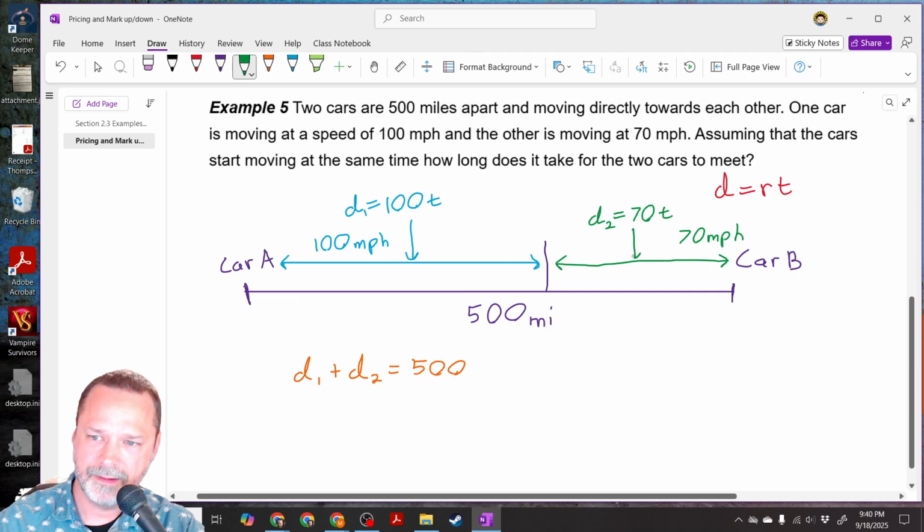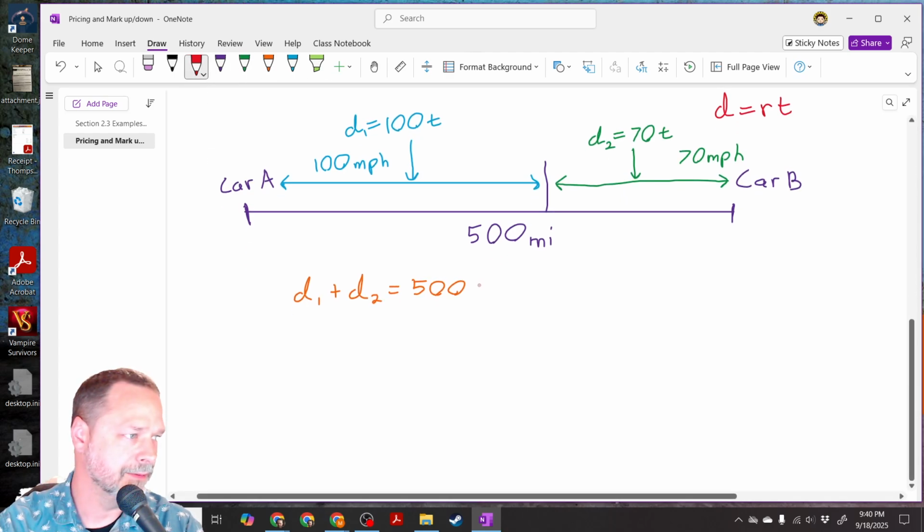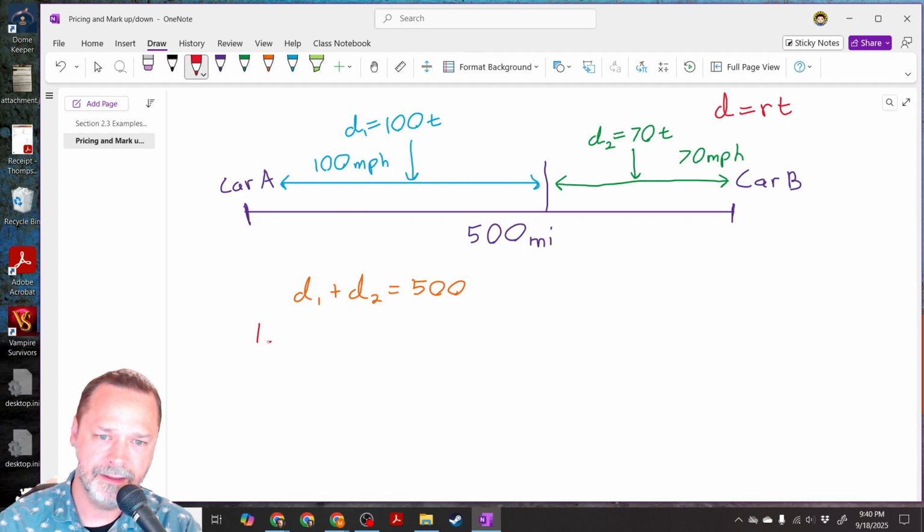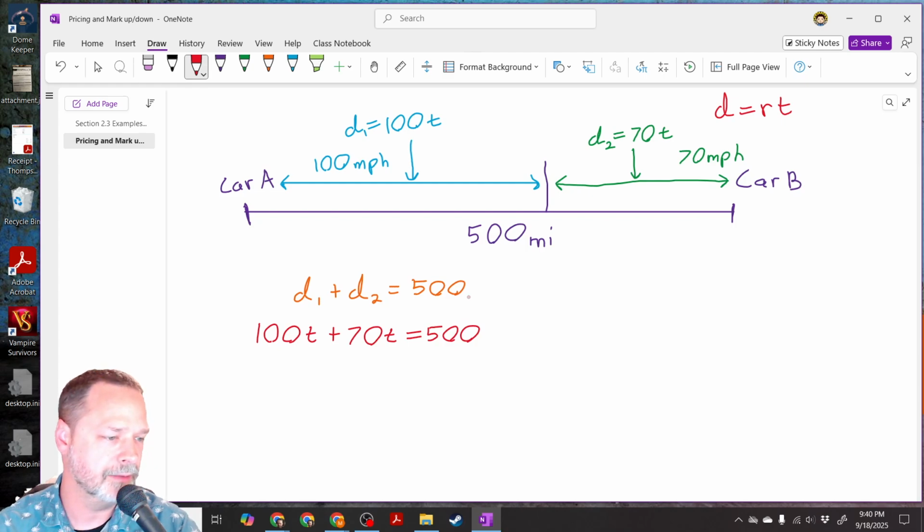But we also know what D1 and D2 are. We figured those out. D1 is 100T. So we have 100T plus D2, our second distance, was 70T. And we know that total distance is going to be 500. Now we got an equation with one variable. We can solve it. We've done the hard part.